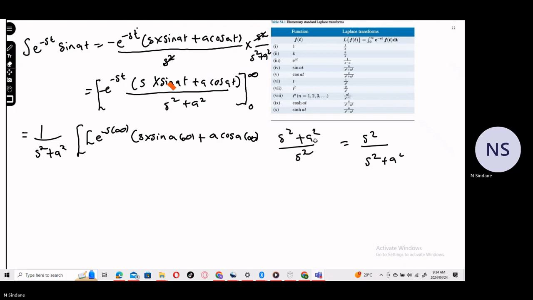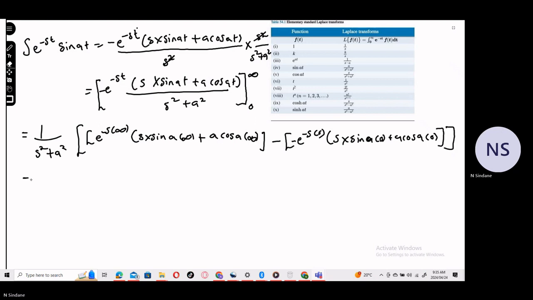Then this subtracts. This will be in brackets, minus, into minus e to the power minus s into 0, into s multiplied by sine of a into 0 plus a cos of a into 0, close bracket, right?